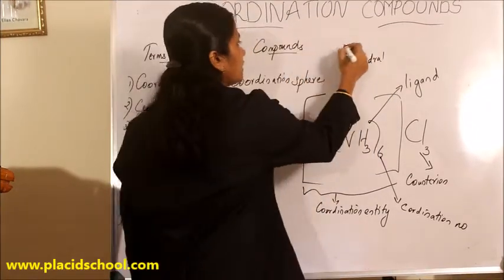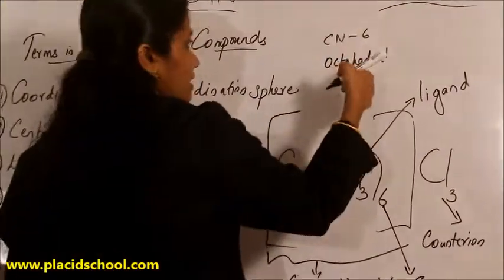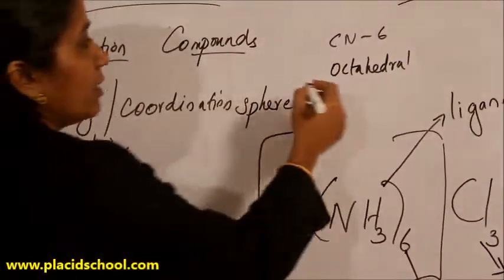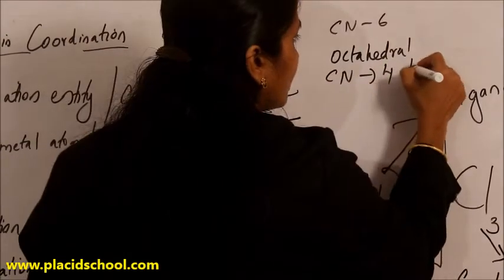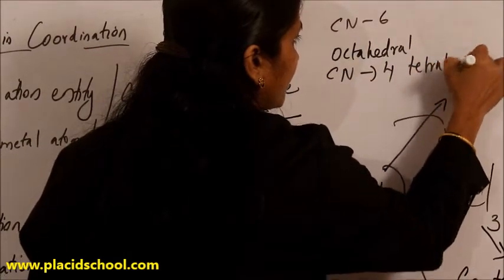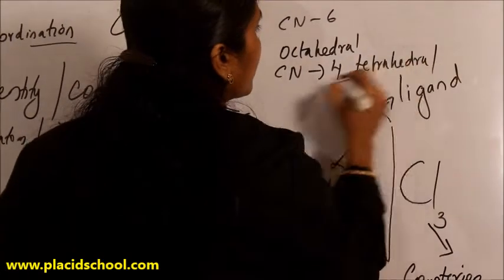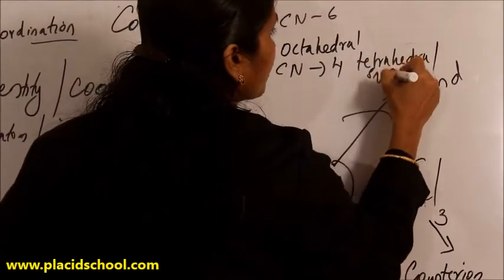So if the coordination number is 6, the geometry is octahedral; if the coordination number is 4, we get either tetrahedral or square planar.